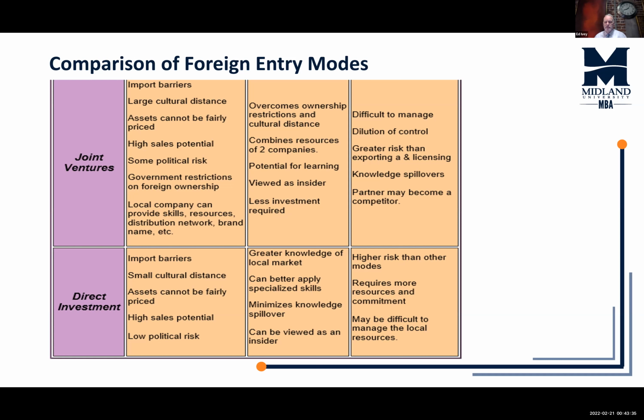So what are some advantages there? You have a greater knowledge of the local market. Once you are in place, you can better apply those specialized skills of that marketplace, of that workforce there to make those changes. If that workforce does have specialized skills, you can minimize your loss of knowledge from the joint venture or from that licensee. And as well, you can be viewed as the insider.